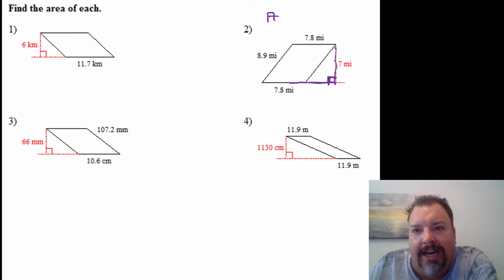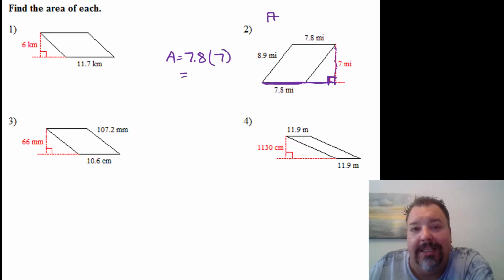If you have a pen or a highlighter, sometimes it helps to highlight those. And so those are the lengths that we're going to use. Notice that we don't use then the 8.9. We're going to use the 7.8, and we're going to use the 7. So the area is going to be the base times the height. So here the base is 7.8. The height is 7.